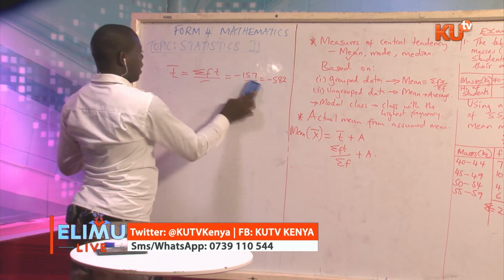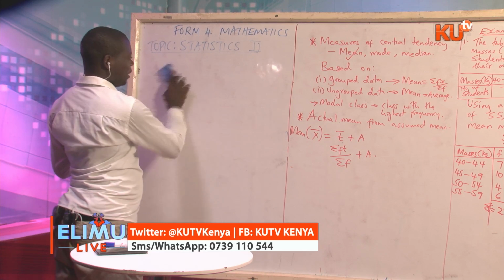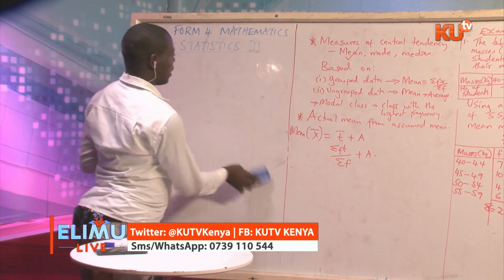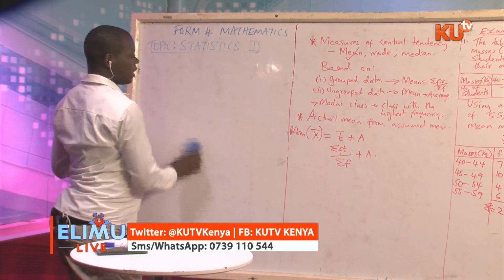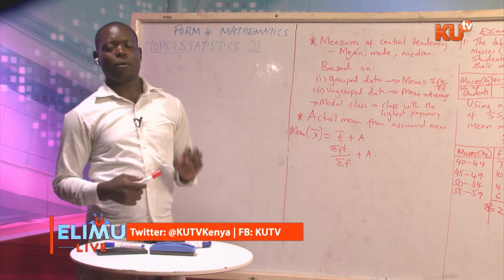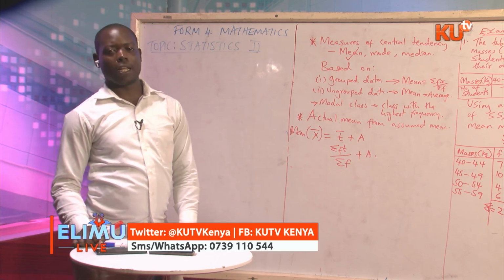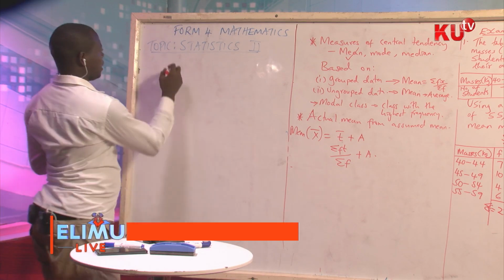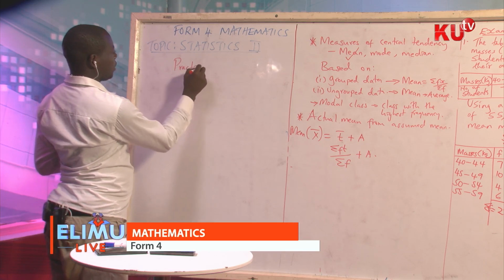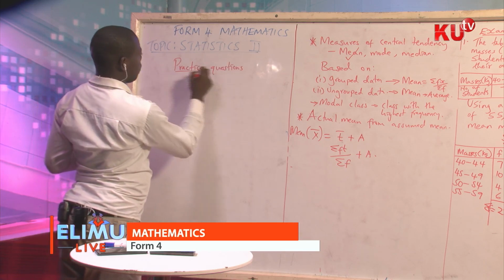Therefore, as a way of practice, students, we will have these questions as an assignment. Ensure you work them out following all the steps we've highlighted so that you are able to recall the elements we've discussed in our lesson today. Practice questions.